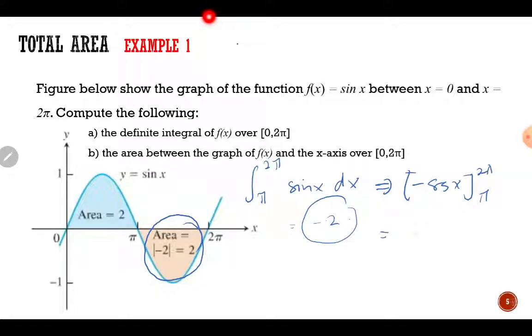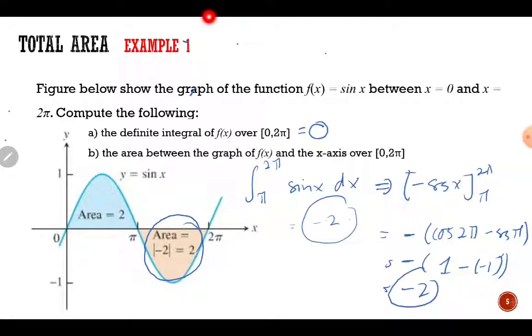The answer for the first part was 0, as we showed earlier. So negative cos 2 pi minus cos pi: negative 1 minus 1, you get negative 2. So if you add 2 and negative 2, you get 0, like what we got earlier when you set the integration from 0 to 2 pi straight away.